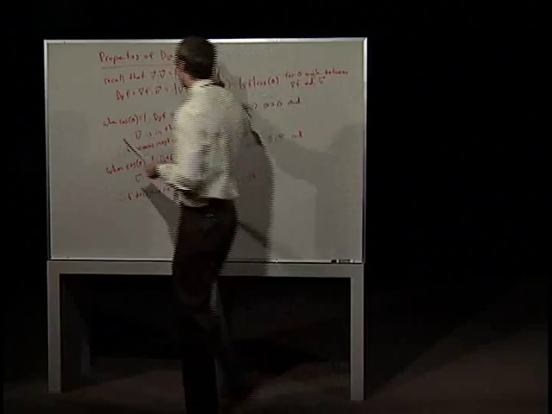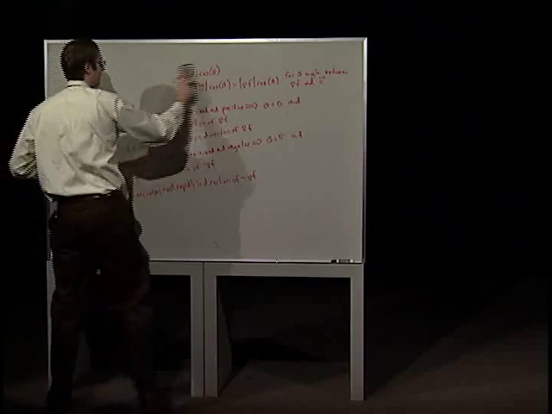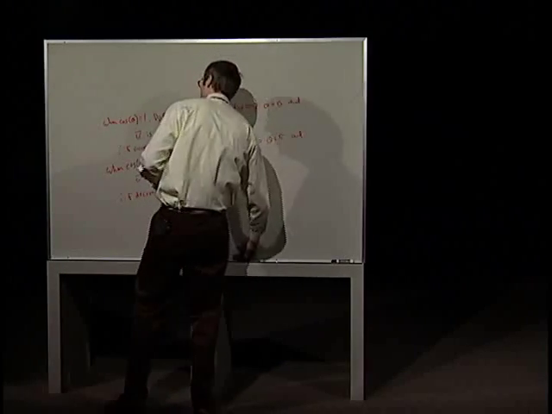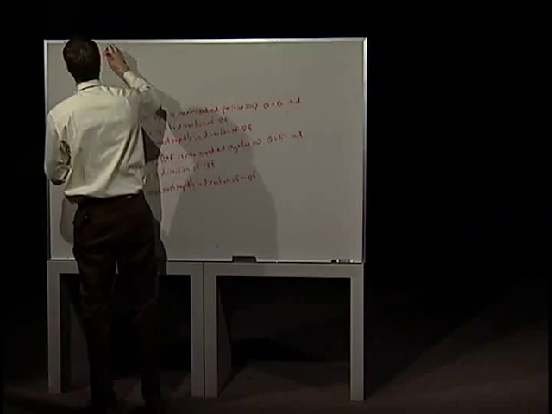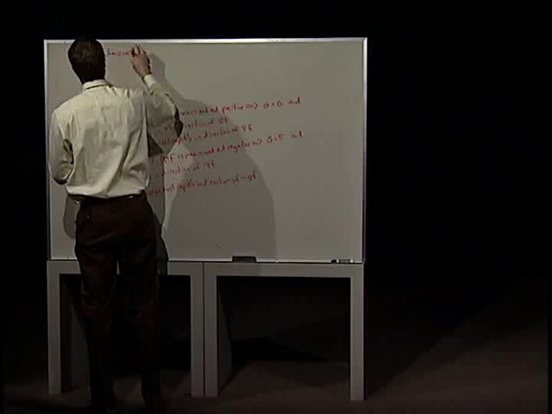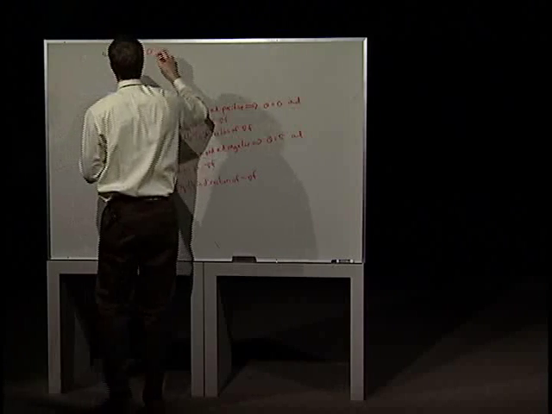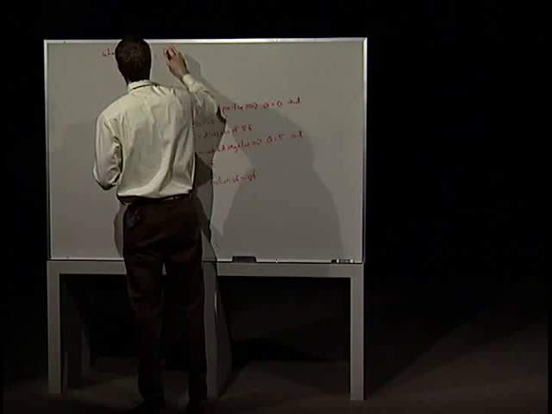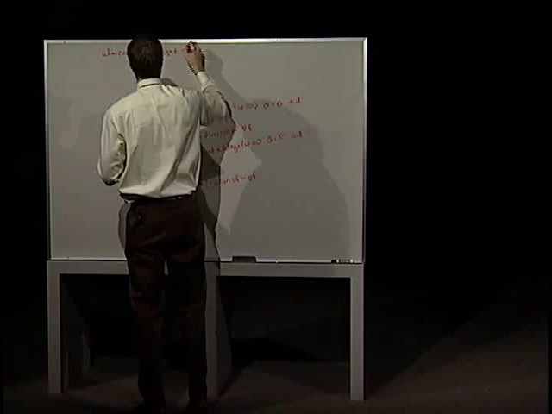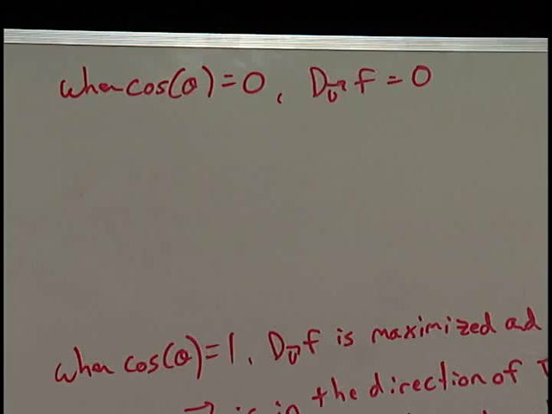Well, one more thing to look at. What about when cosine is 0? Well, when cosine is 0, D_u f is 0, so there's no change in the function.